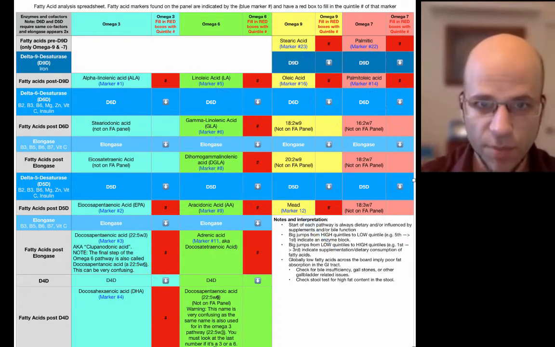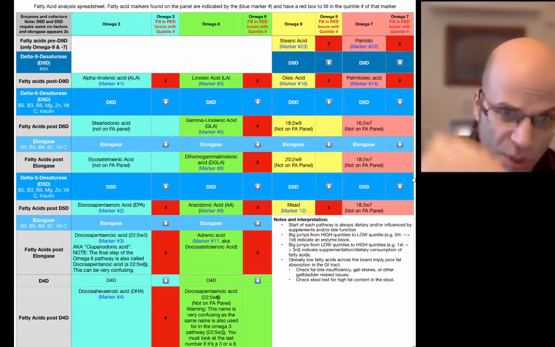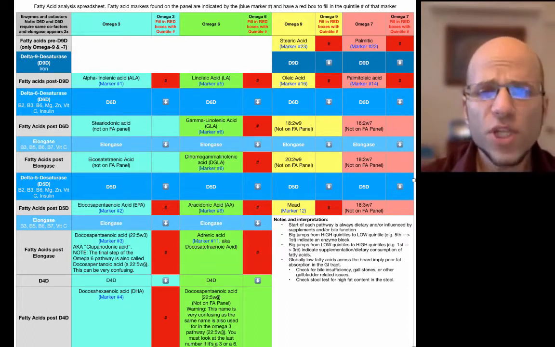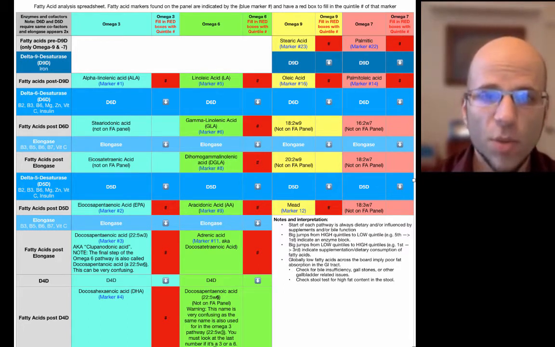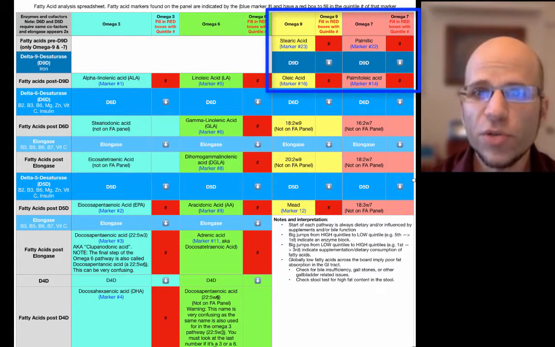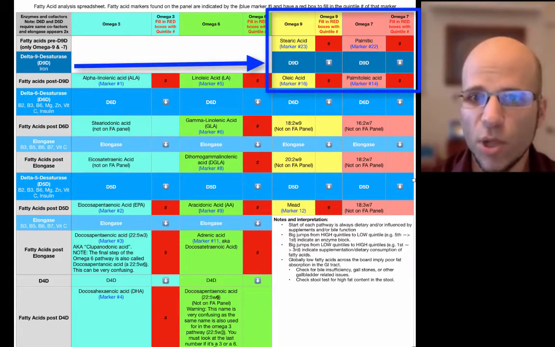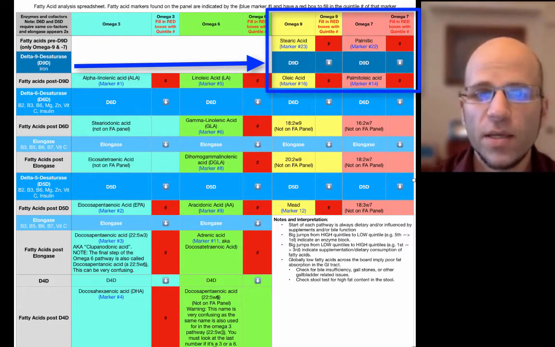I know it's complicated to look at, but you just literally put in the quintiles. And what you see most common is either an elongase block or a delta 6 desaturase block, or people who are low in iron, you see a delta 9 desaturase block, like high stearic acid or palmitic and very low oleic acid and palmitoleic.